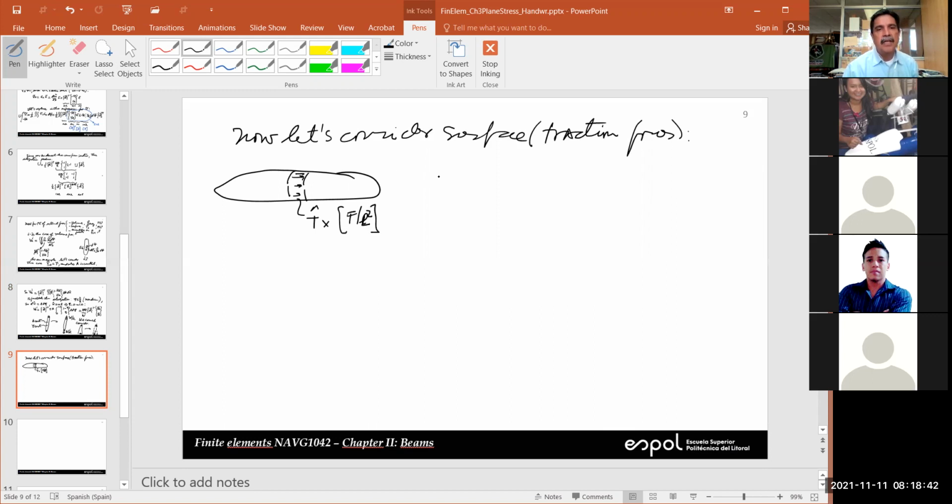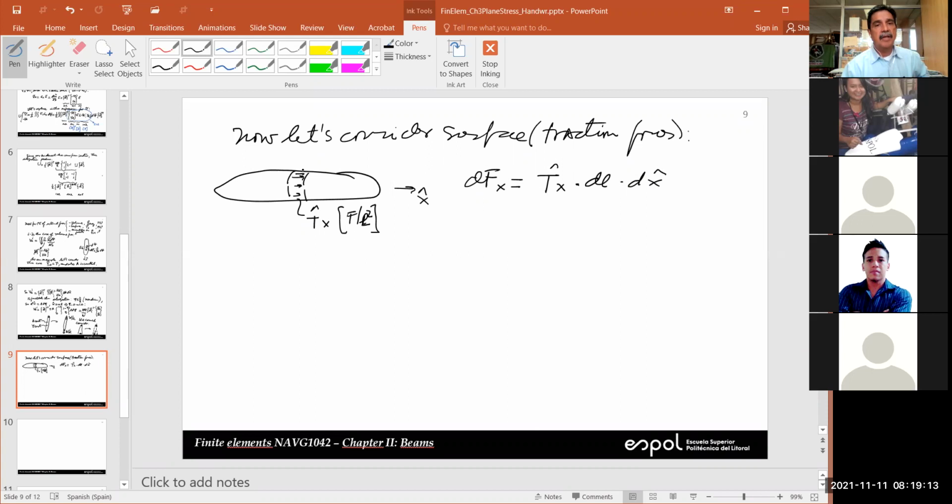Okay, so in this case, this is X local. So the force in the X direction is going to be what? This, that's force per unit area, times the length around this perimeter, the L, and times the X. Usually what we do is we consider that it's uniform in the perimeter.